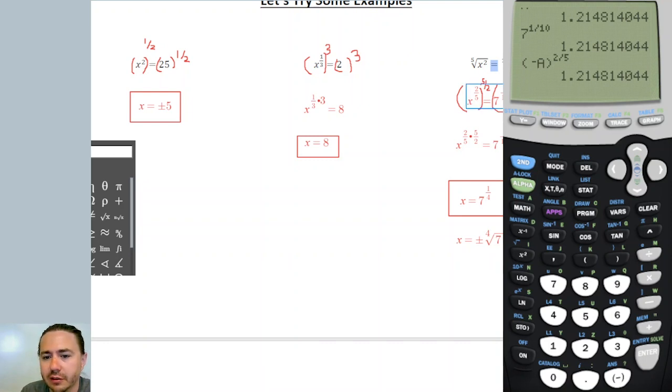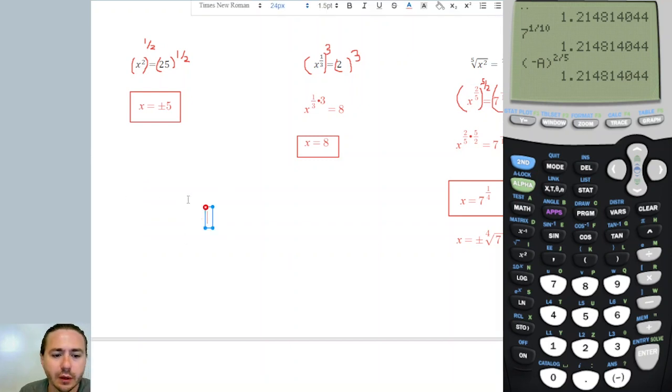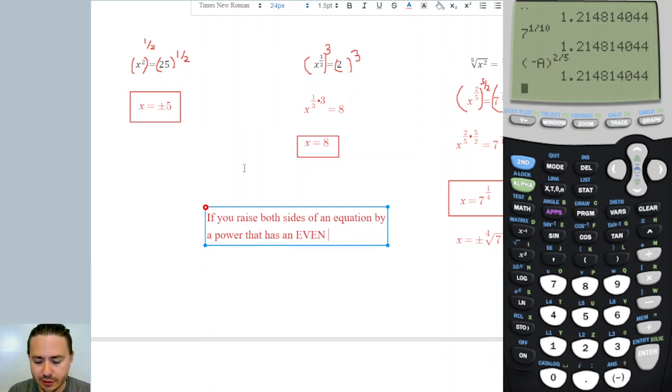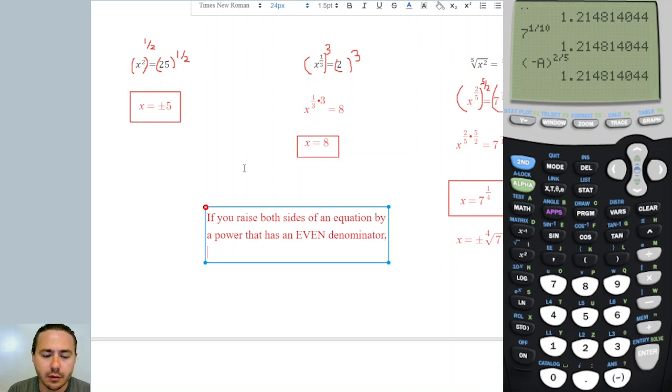And that's because this little denominator is 2, right? Let's just break it down. Maybe I'll write this out. If you raise both sides of an equation by a power that has an even denominator, you must include plus or minus with your solution.